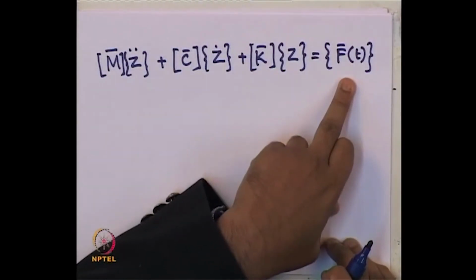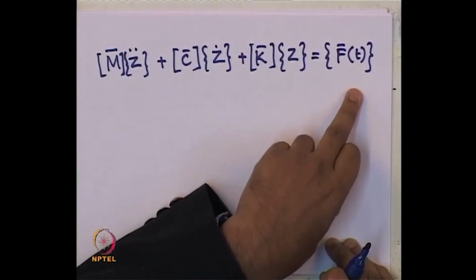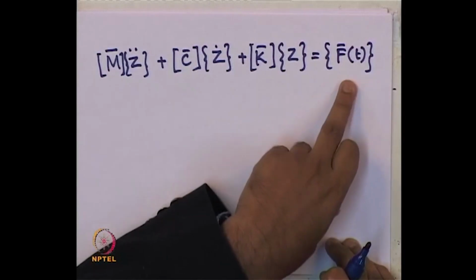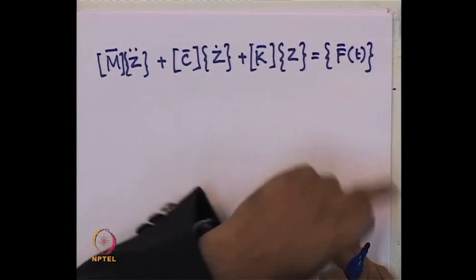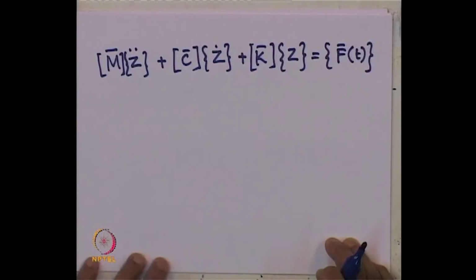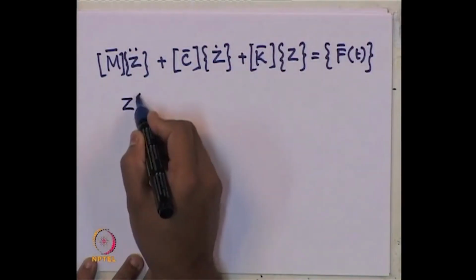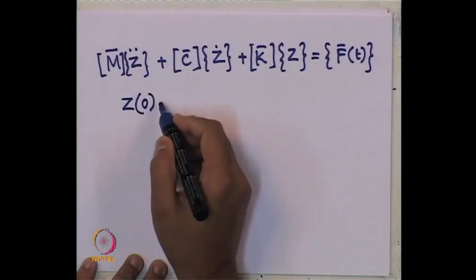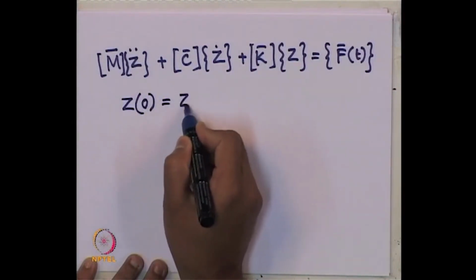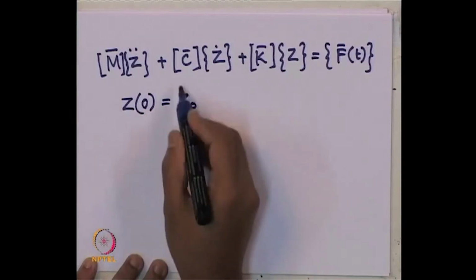The corresponding force vector has also been transformed to f bar from the original f. And let us say the initial conditions are z at time 0 is given as z naught. Remember, all these are vectors.